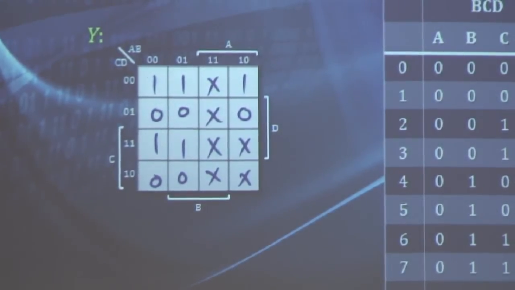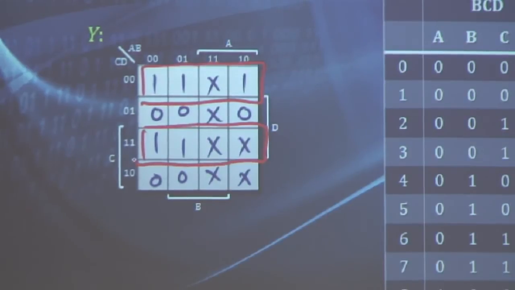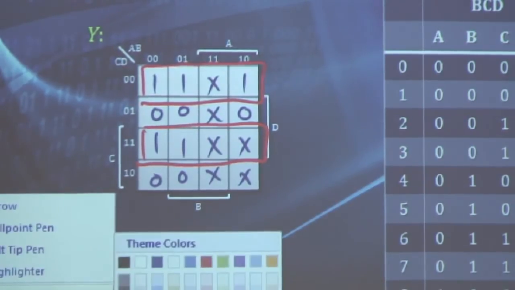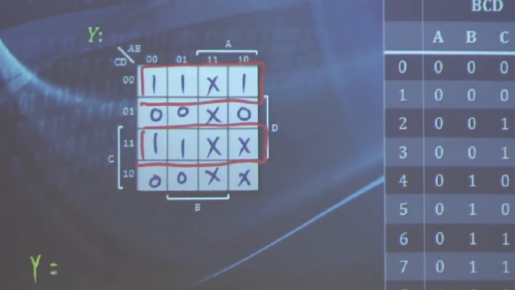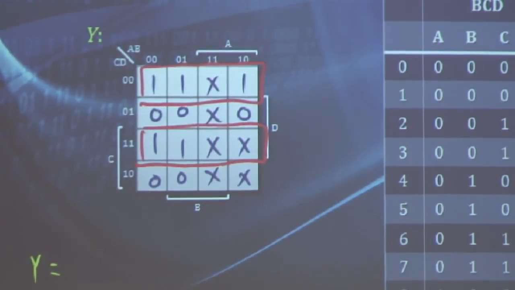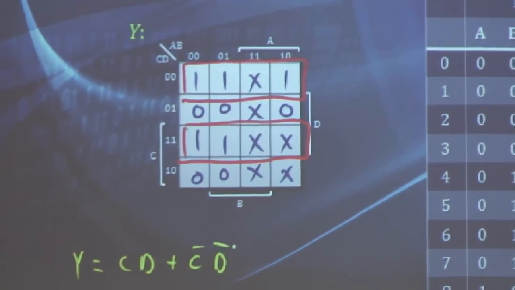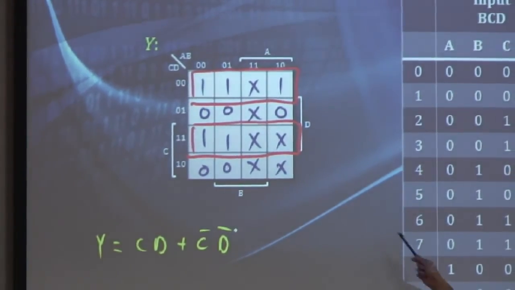This time around, I can probably find one group here and one group here. Which will give me an expression CD or not C, not D. So CD is the bottom one, not C, not D is the top one.